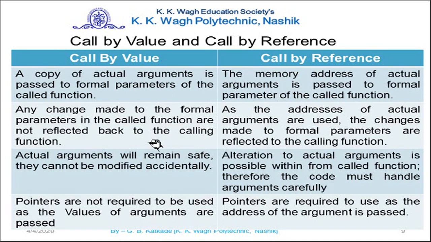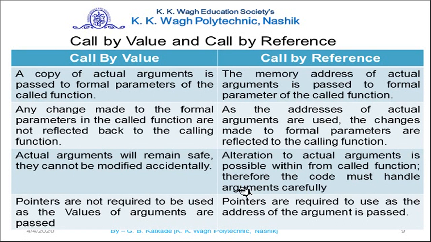In call by value, modifications done to the formal parameters are not reflected back to the calling function. In call by reference, modifications performed on the formal parameters are reflected back to the calling program or actual parameters.